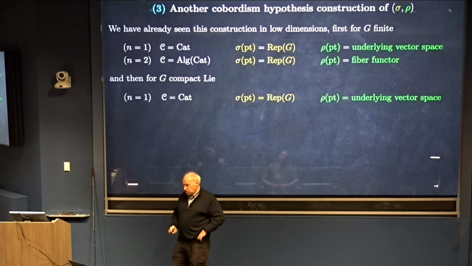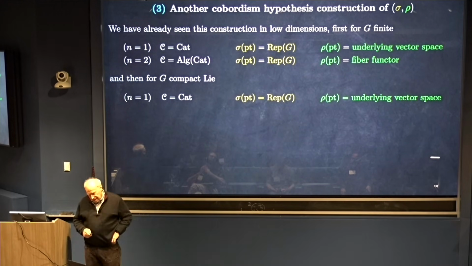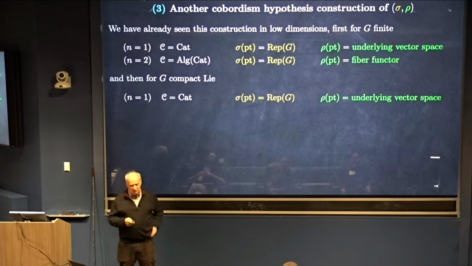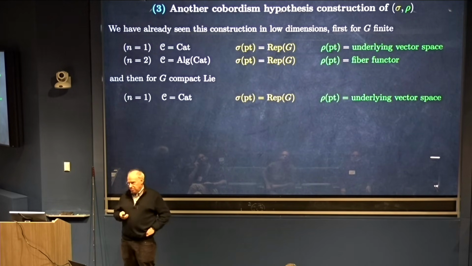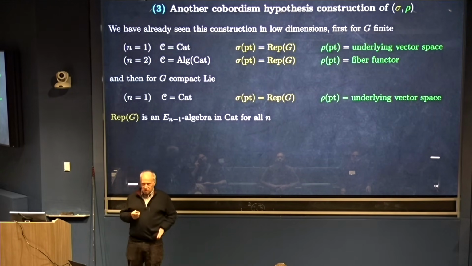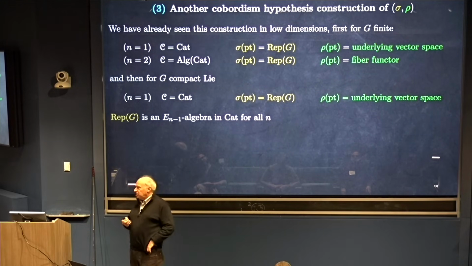Okay, the dual construction, we start with the category of representations and a corresponding map to the tensor unit. And in all the motivating constructions, it's the category of representations of G. So I've already said for a compact Lie group, that is a nice category, albeit not finite. And in fact, it's not only nice as a category, but it's a symmetric monoidal category.